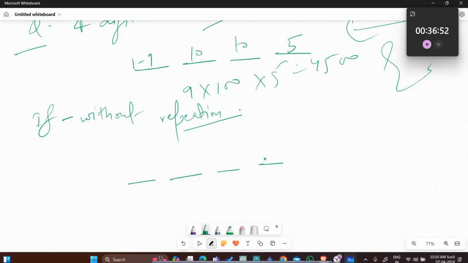There are so many cases here. The first has 1 to 9 options, without repetition. The others have 0 to 9 options.